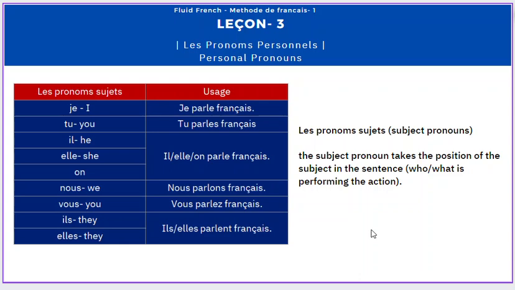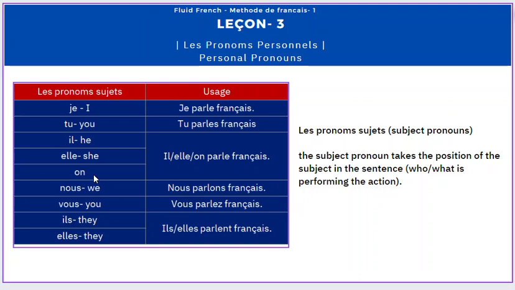Now let's look at the pronouns. Je. I will not read out the meanings. You can see them on the screen. Je, tu, il, elle, on. On is very interesting. It's a third person singular pronoun, which means in general, when we are not talking about somebody specific.